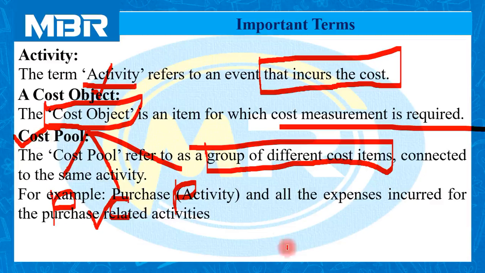Let me explain that when we understand the activity of purchase, we need to think twice how many expenses are incurred on purchase. The first expenditure incurred on purchase is ordering cost, and the second expenditure is carrying cost.